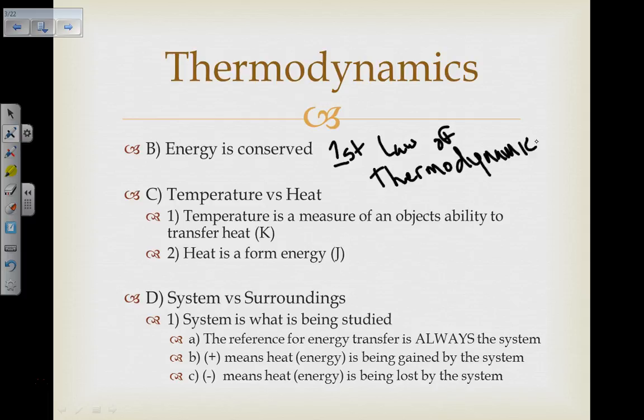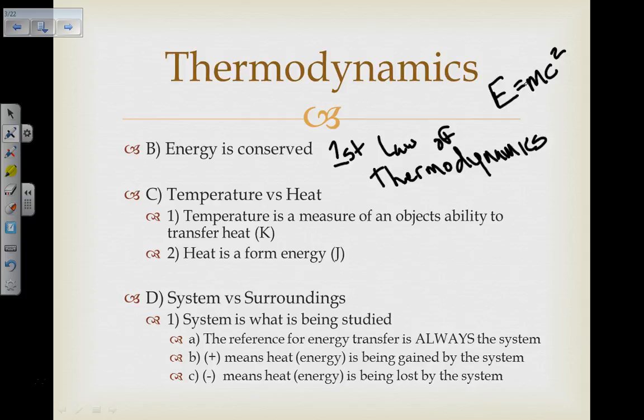In the first law of thermodynamics, the energy in a chemical reaction is always conserved. And if I can, for just one second, I can tell you that energy equals mc squared. This is Einstein's famous equation.